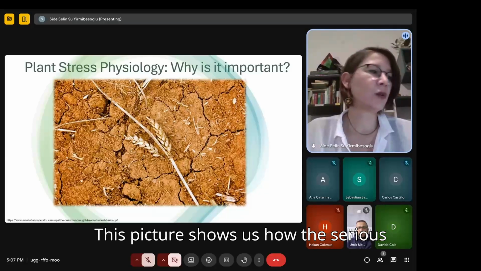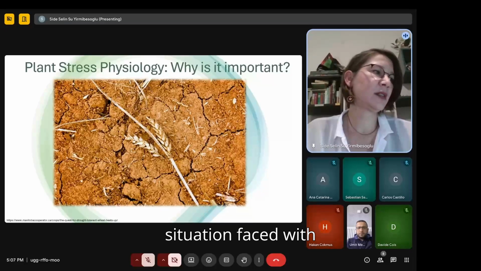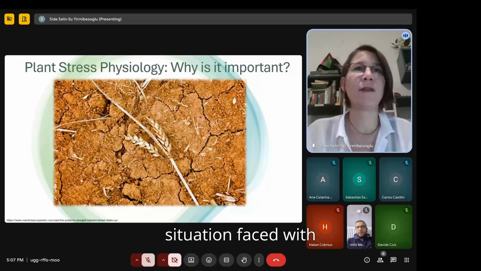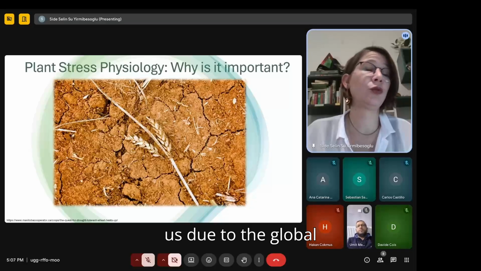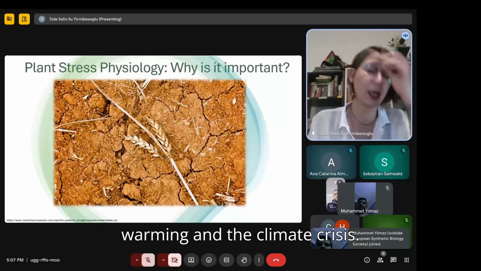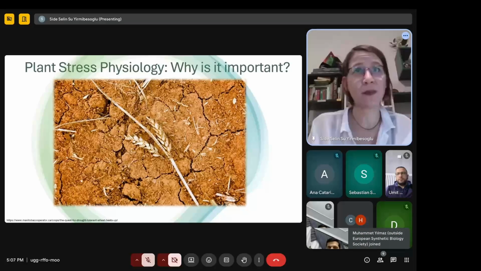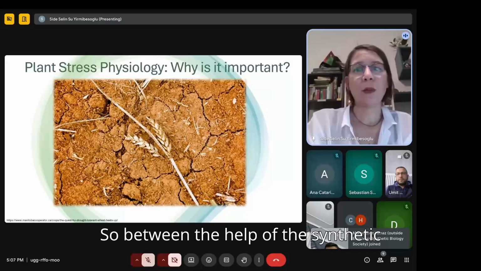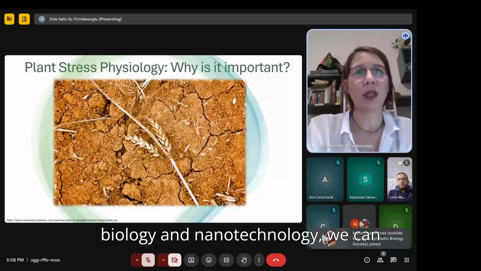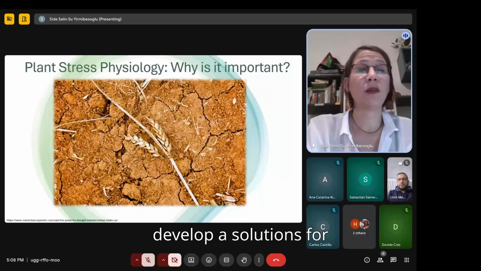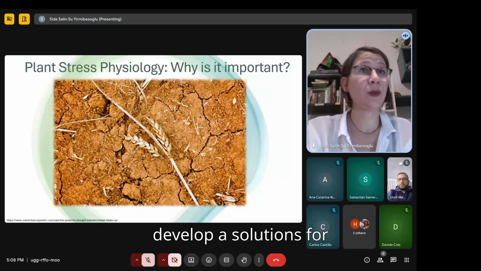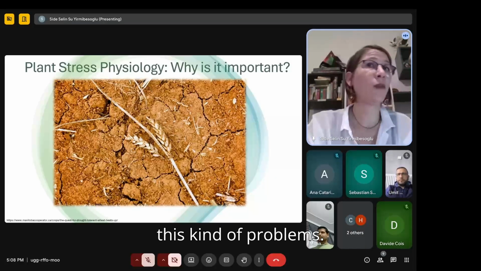This picture shows how serious the situation we face is due to global warming and the climate crisis. With the help of synthetic biology and nanotechnology, we can develop solutions for these kinds of problems.